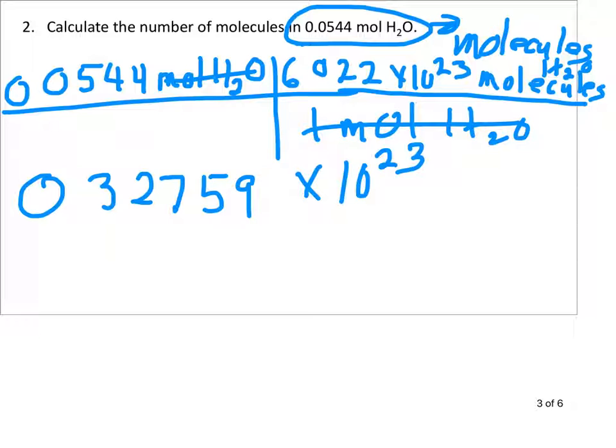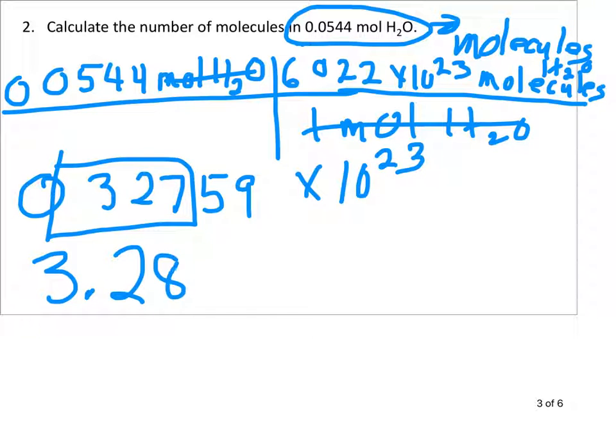And adjust and make sure we got the right number of sig figs. Looks like I ought to keep 3 sig figs. That would be those 3, so I'm going to make this 3.28. I made this number bigger, moving my decimal 1 spot, so I make my exponent smaller by 1. 3.28 times 10 to the 22nd molecules of H2O.